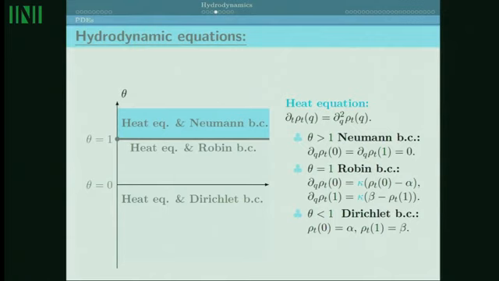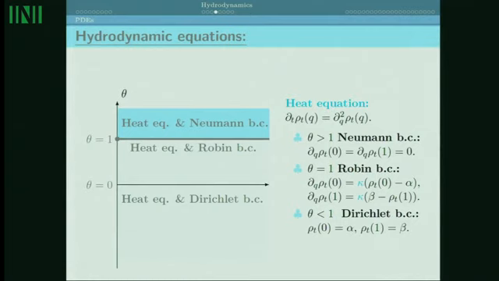When theta is equal to 1, what we get is the heat equation but with Robin boundary conditions. Now the profile is no longer alpha and beta at the boundaries, but we have a control on the derivatives at 0 and at 1. The derivative at 0 is proportional to the difference between the density in the bulk and the density at the boundary.